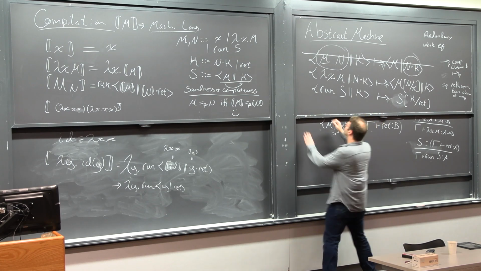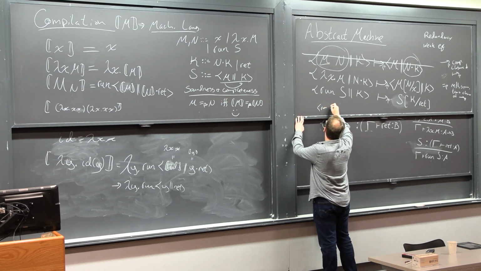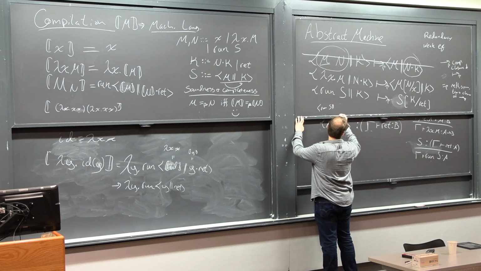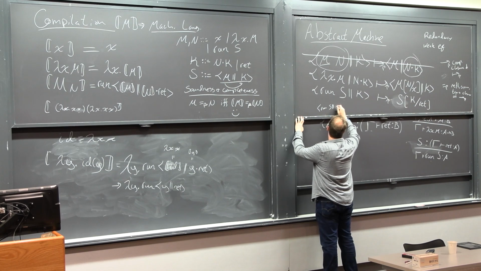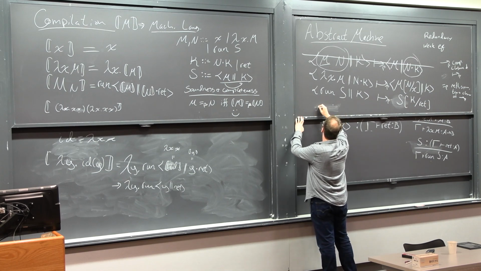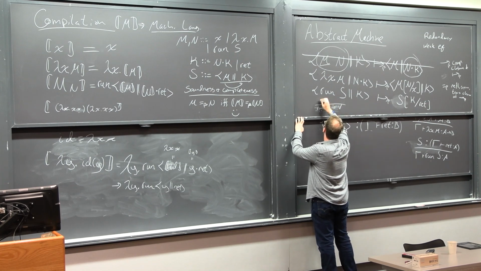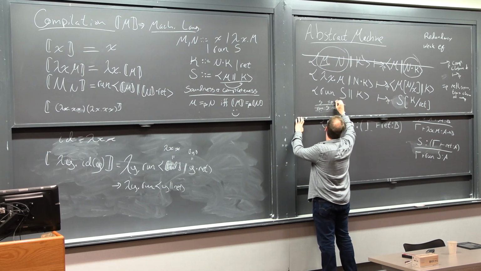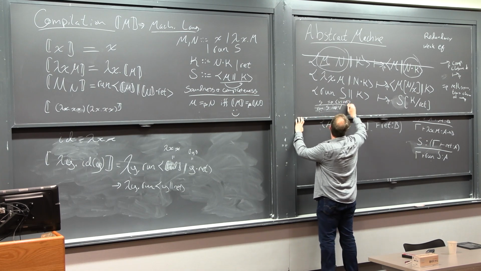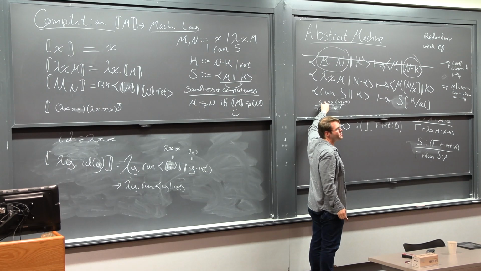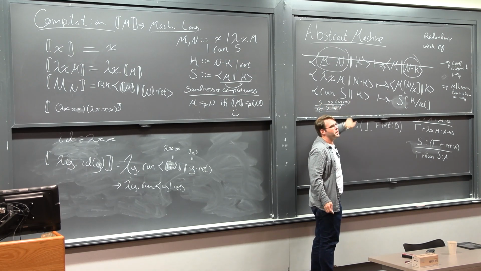So run S, as a kind of principle, is equal to a value V when S is equal to V and ret, just so we get that intuition. If you run the machine and get a value out, we're going to pop that out.